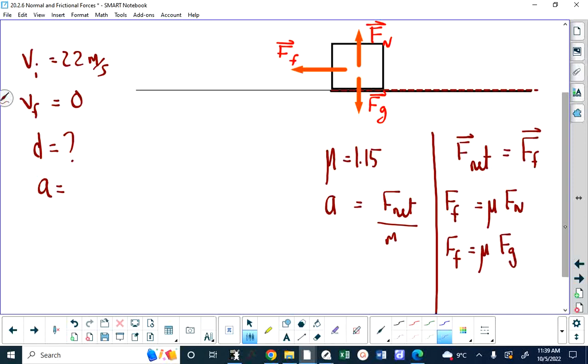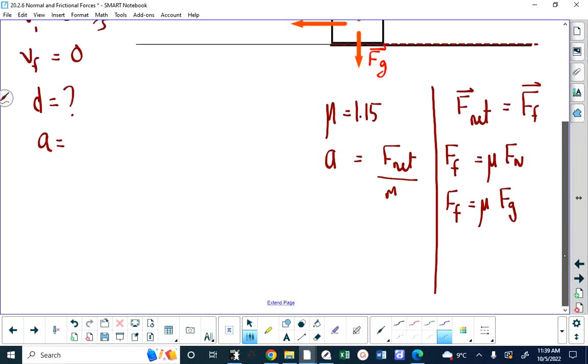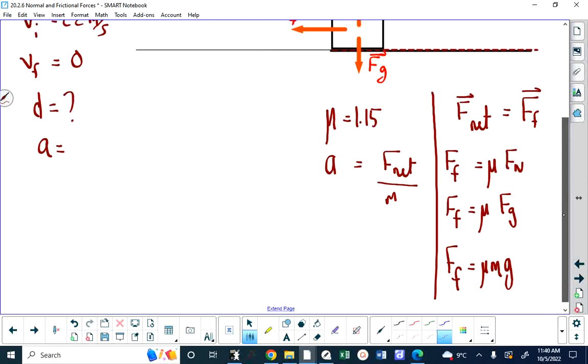Look at the object. Look at the diagram we drew. The normal force and the force of gravity are the same. And the force of gravity is always found by using mg. So I would like everybody to find the force of friction. That's our first step after we deciphered all of this.